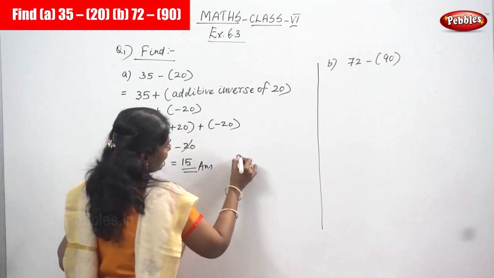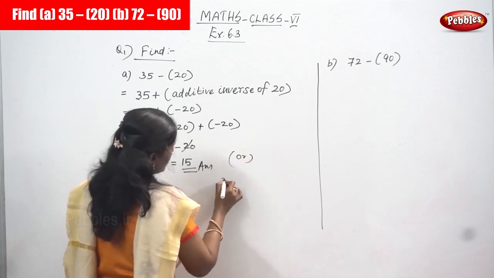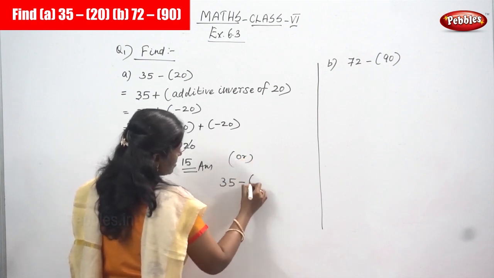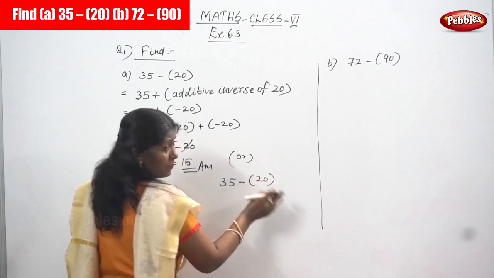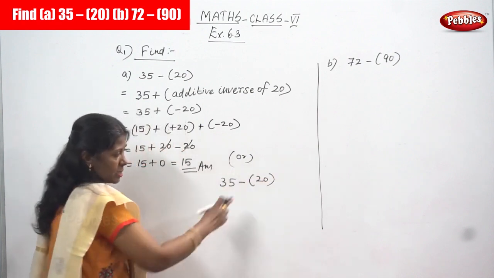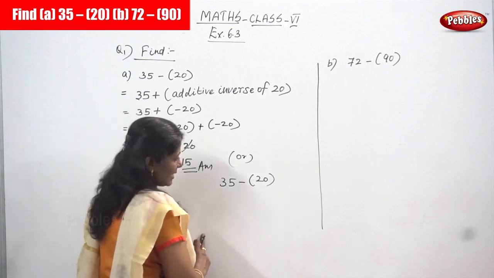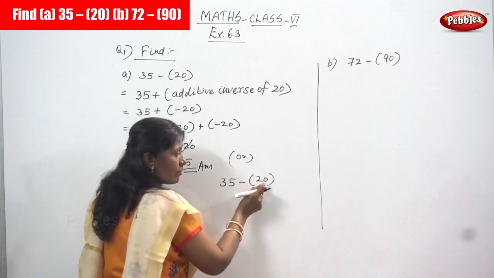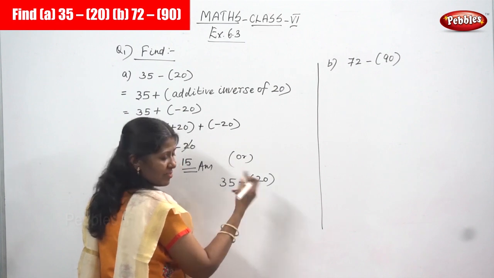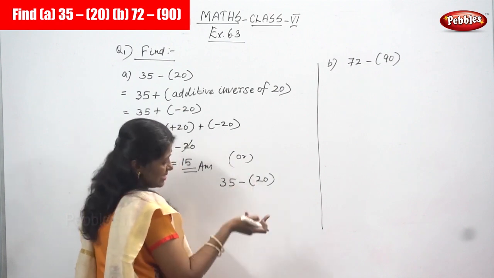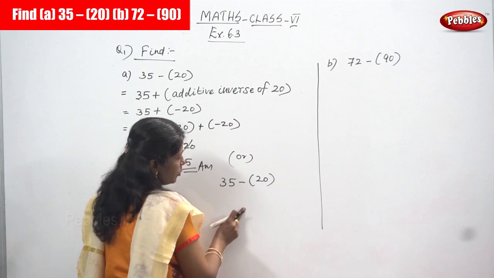If it is a little confusing, I will tell you one more thing. In 35 minus 20, the positive integer 20 did not have a sign mentioned. If you have a positive integer, they will not mention the sign, so you have to consider it as a positive integer.